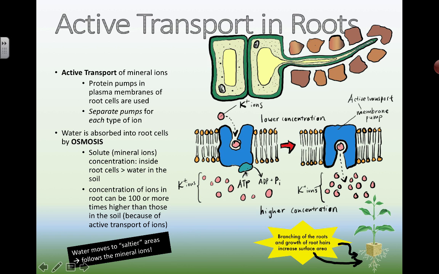Another side point right here: if you're growing plants and you put too much water into the soil, and this area becomes all waterlogged, then active transport can't happen anymore. It cannot happen anymore because it prevents oxygen from getting down here. And remember, in order to do cellular respiration, you need oxygen to actually produce ATP.